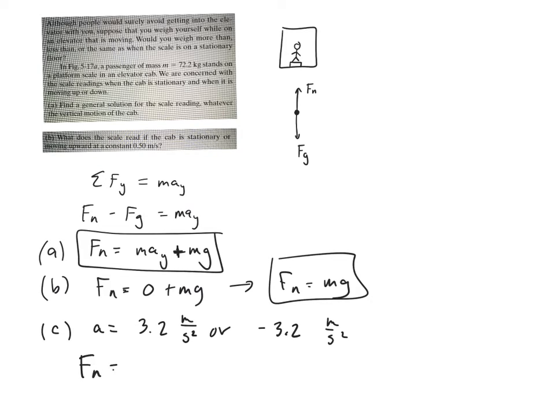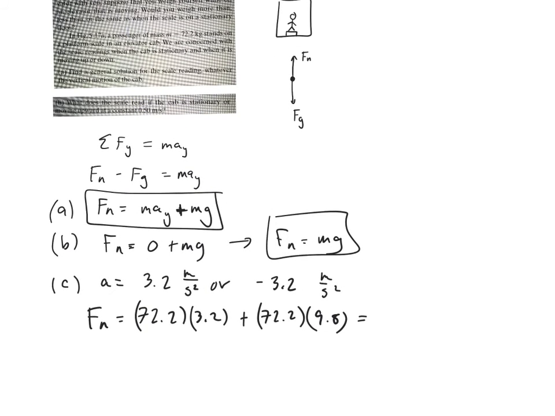Let's see that happening. Fn equals, what is the mass given as? 72.2. 72.2 times 3.2 plus 72.2 times 9.8. That's what the scale reads when you're accelerating upward. And then when you accelerate downward, you have the exact same thing, but this is a negative 3.2 now.